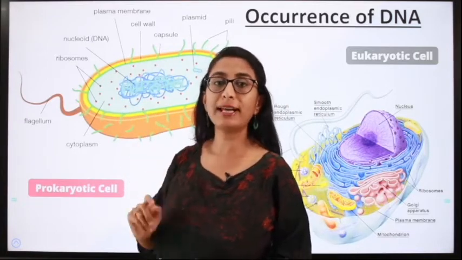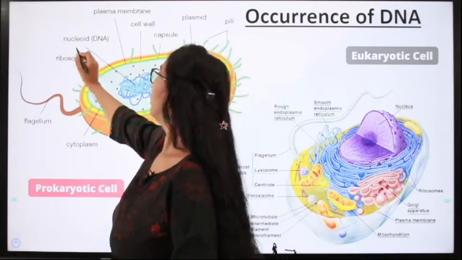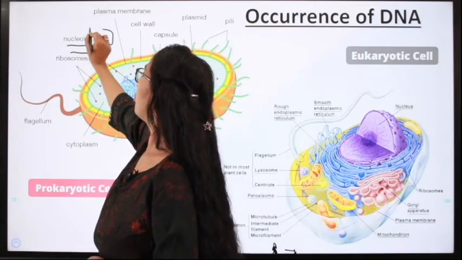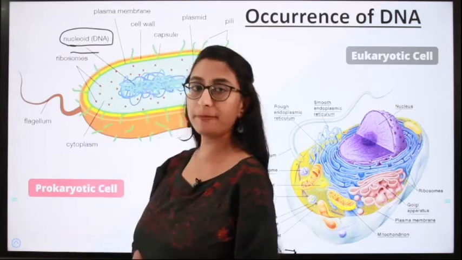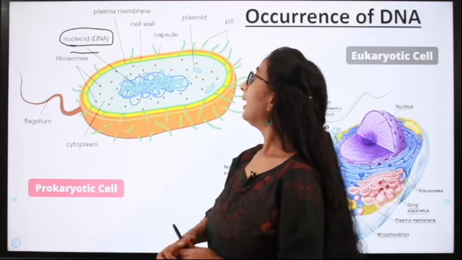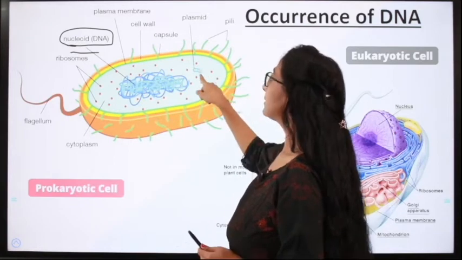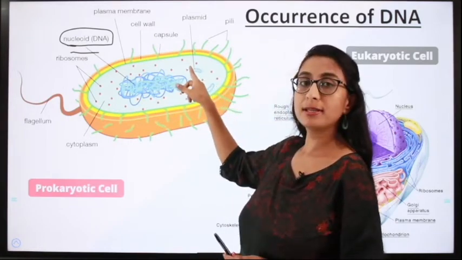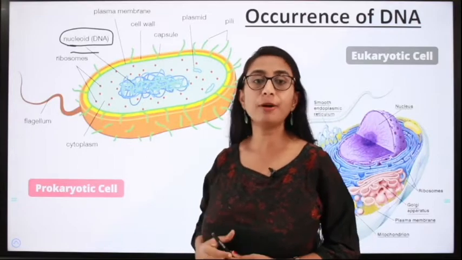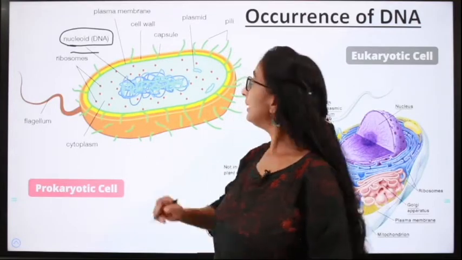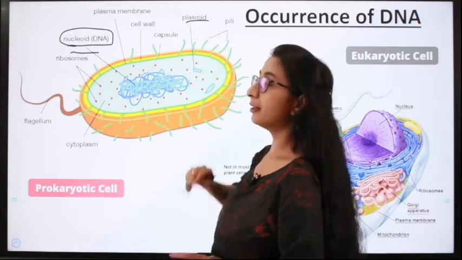This is called nucleoid or nucleoid DNA. In addition to this nucleoid DNA, we have circular DNA molecules which are capable of self-replication. These are called plasmids.